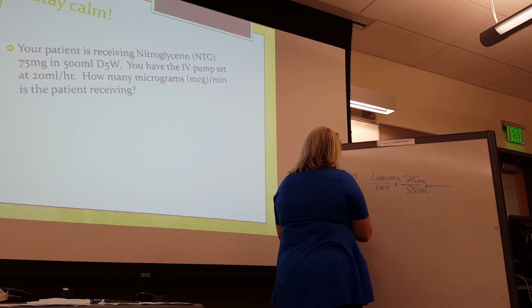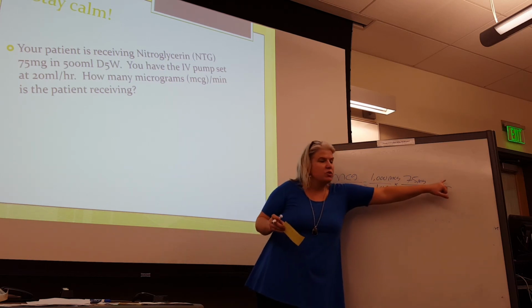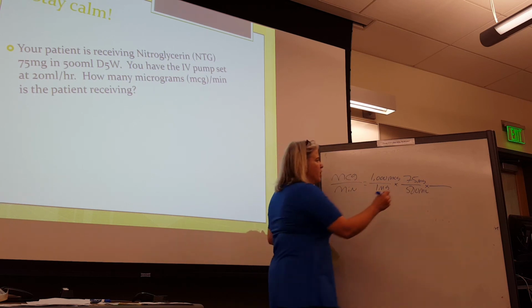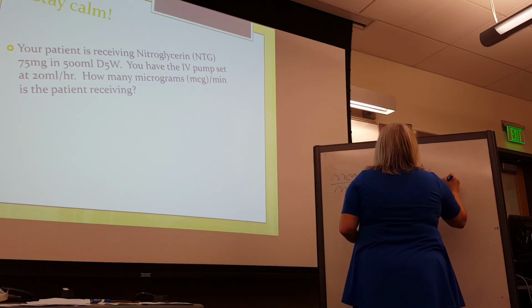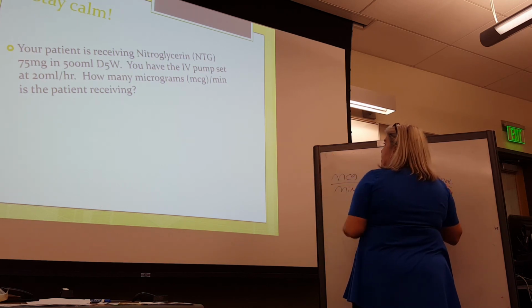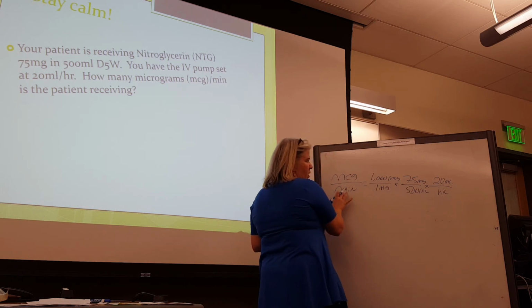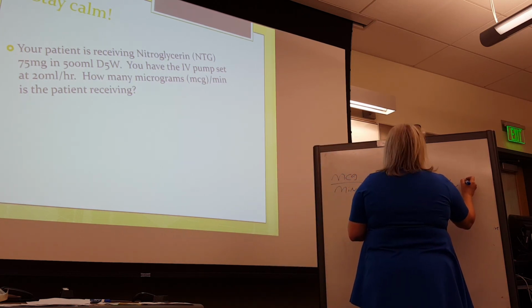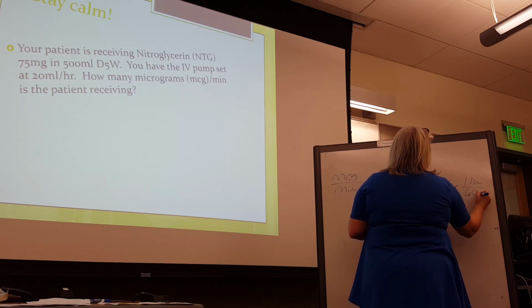And then we want mils to go on top here, because mils is going to cancel out. So we have 20 milliliters, and that's attached to hour, so per hour. Now we're not done, because we want micrograms per minute. We're going to carry that out 1 hour, so this is going to cancel out over 60 minutes.